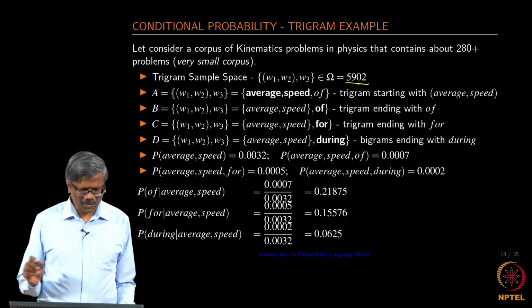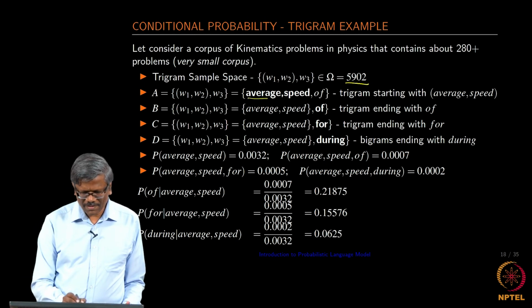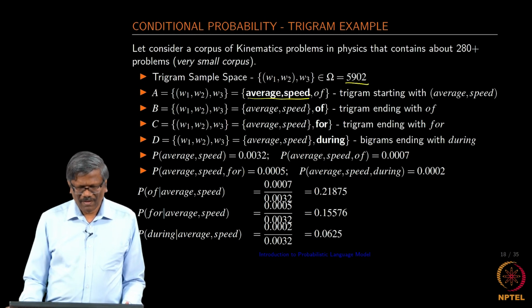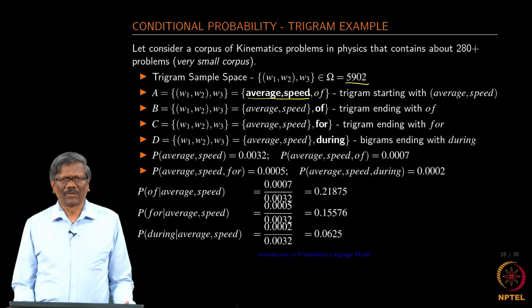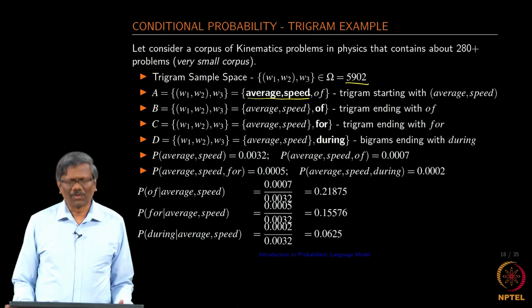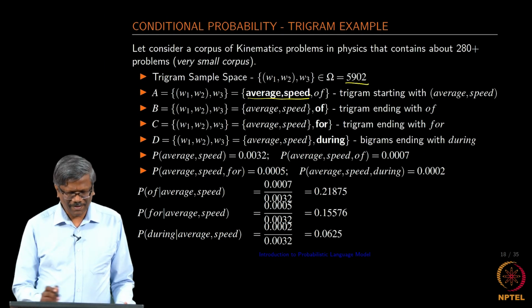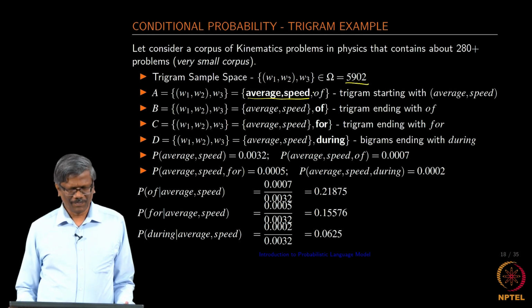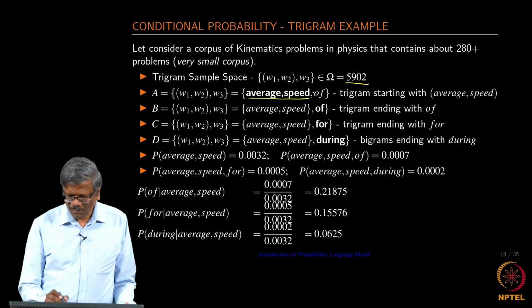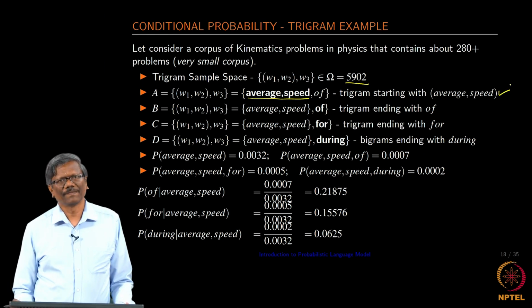So, in this case what we are doing is we are taking 2 words as occurring together like what we had seen, average speed, and then we want to find out what is the third word that is going to occur after average speed. Okay. In this case, now we capture all the trigrams that start with average speed.